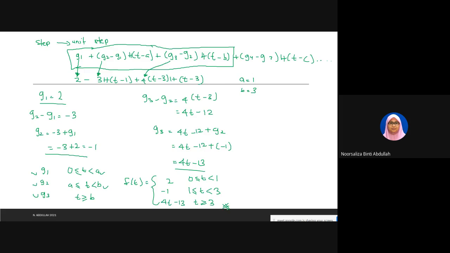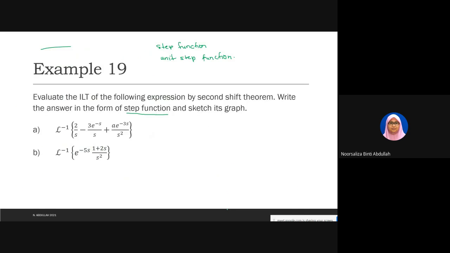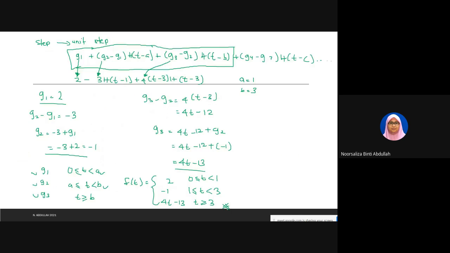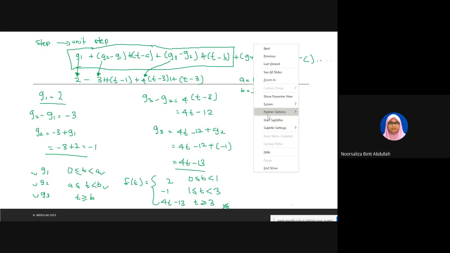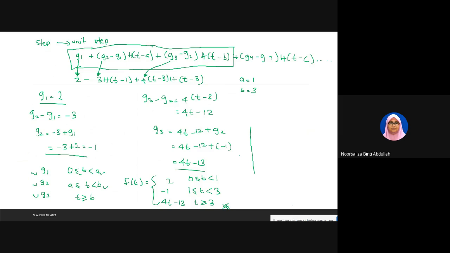Okay, then next, you have to sketch this FT. So this one is FT and this one is T. Okay, so we start from 0 to 1.